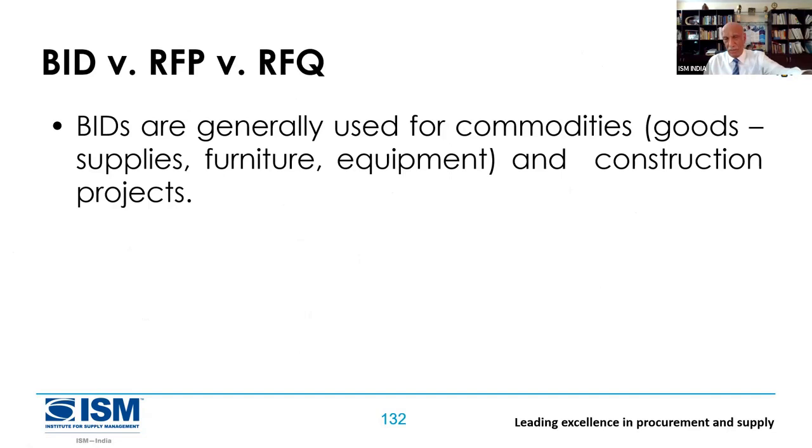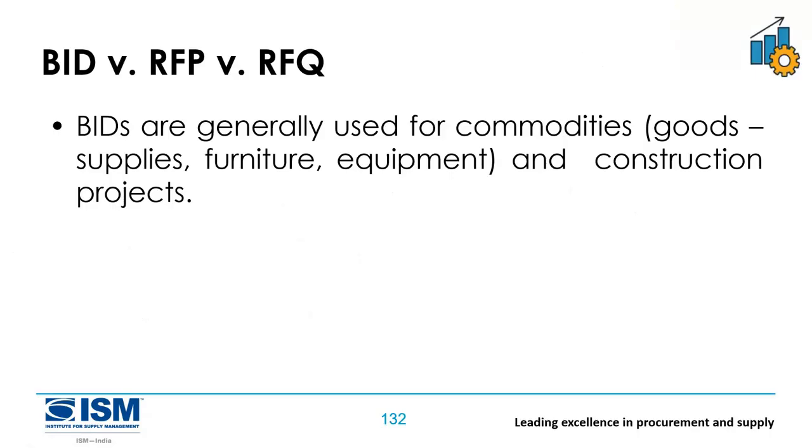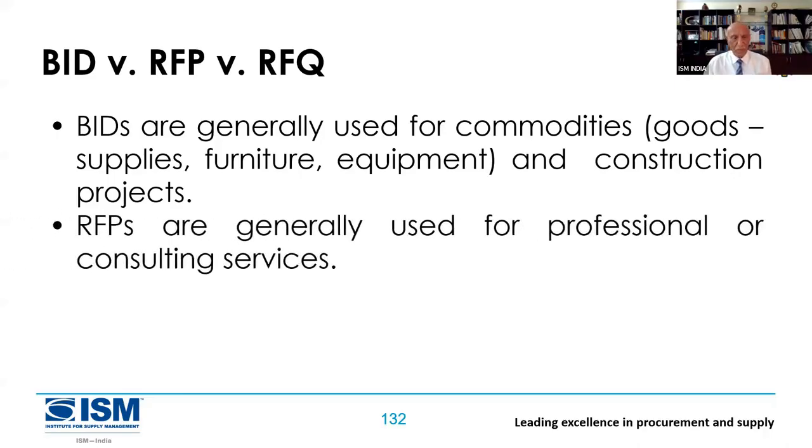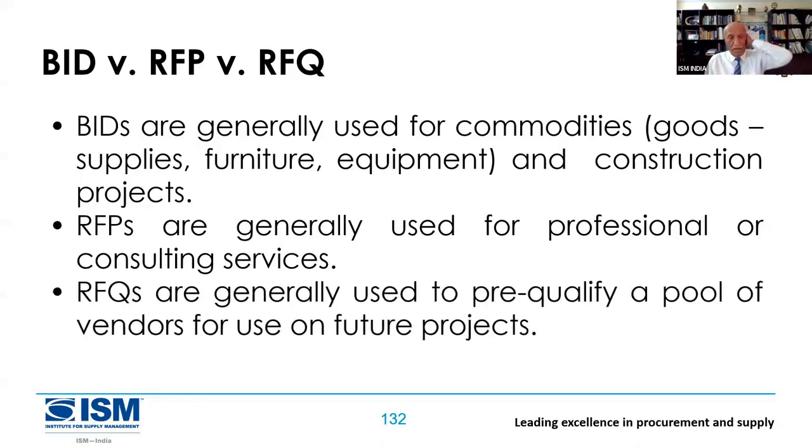You don't use the bids, am I correct to say? You're using only RFP, RFQ. Yes. Quotation is normally for tangible items; for non-tangible, you go to RFP. And within RFP also, items which are non-tangible but very clear, you could go with RFQ. RFQs are generally used for pre-qualified vendors, for use and future use.